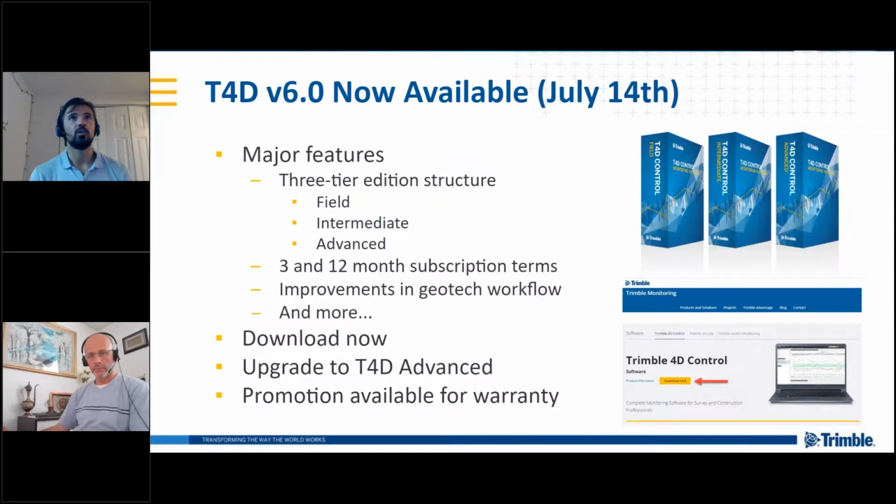With that, I want to announce to everyone that version 6 of T4D is now available as of yesterday. A little information on this release: we're announcing a new 3-tier edition structure for T4D, what we call Field, Intermediate, and Advanced. The idea behind this is to structure T4D in a way that it can be deployed based on project type and duration, as opposed to one standard format.